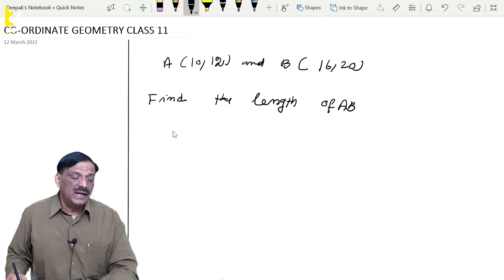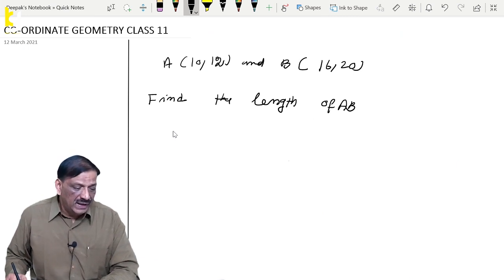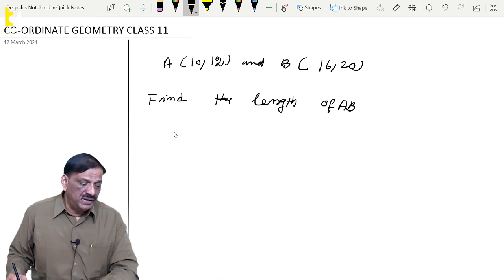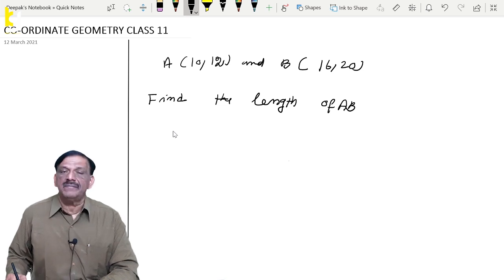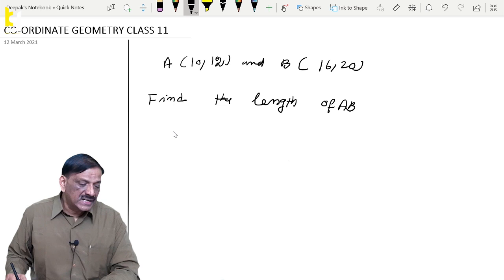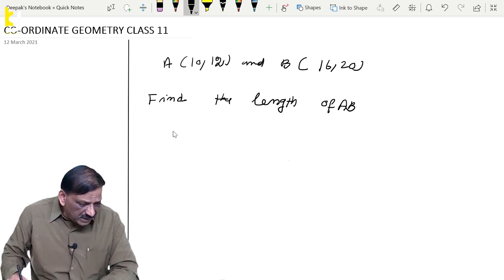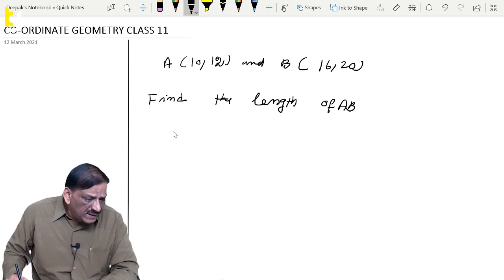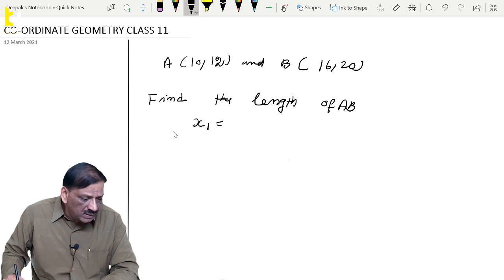See, A (10, 12) and B (16, 20). Find the length of AB. A is the point, and the x-coordinate of that point, that is A (10, 12), means the first point x-coordinate, that is x1 equal 10.